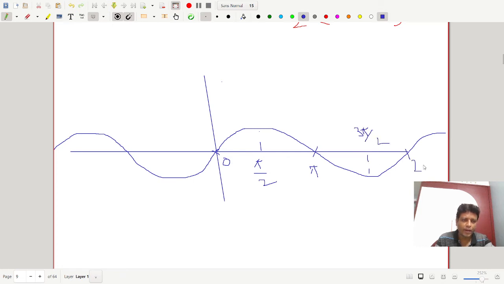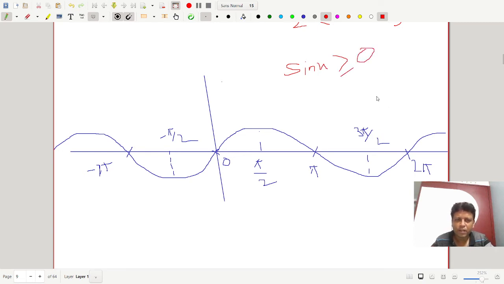This is 2 pi. This is minus pi by 2. This is minus pi, etc. Okay? So can you tell me in which part sin x is positive? Can you specify the region, everybody?